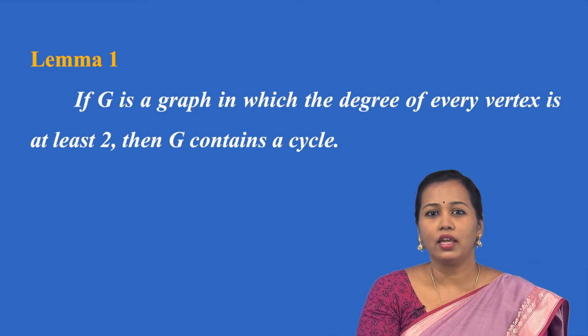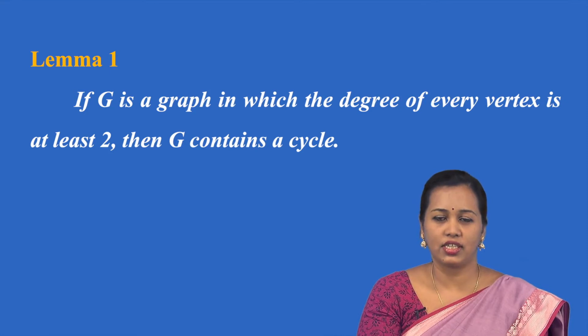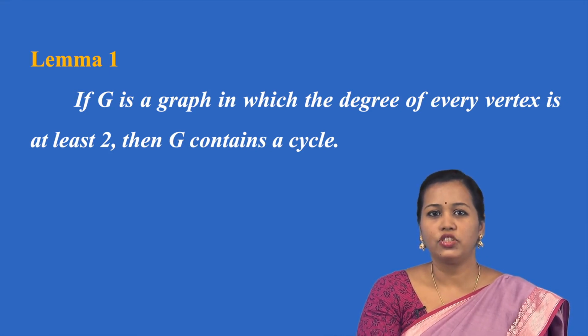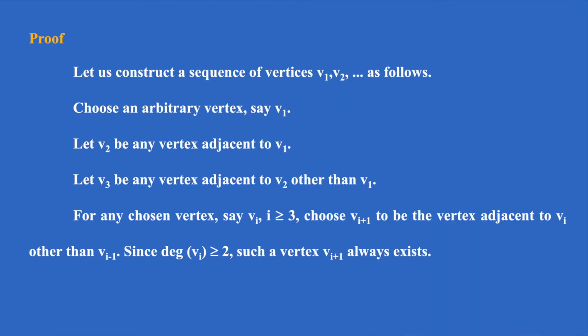Now, as a prelude, we shall prove a simple lemma. Lemma 1: If G is a graph in which the degree of every vertex is at least 2, then G contains a cycle. The proof: let us construct a sequence of vertices V1, V2 and so on as follows. Choose an arbitrary vertex, say V1. Let V2 be any vertex adjacent to V1.